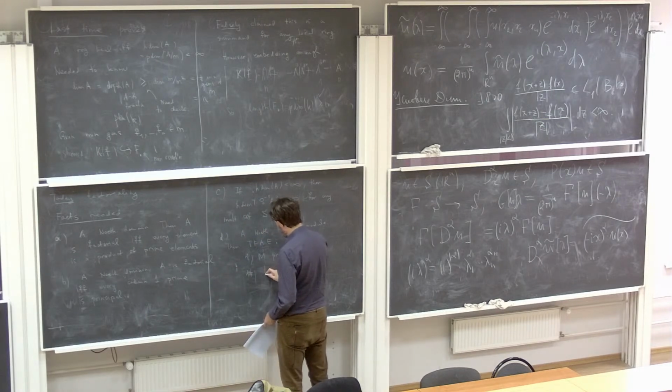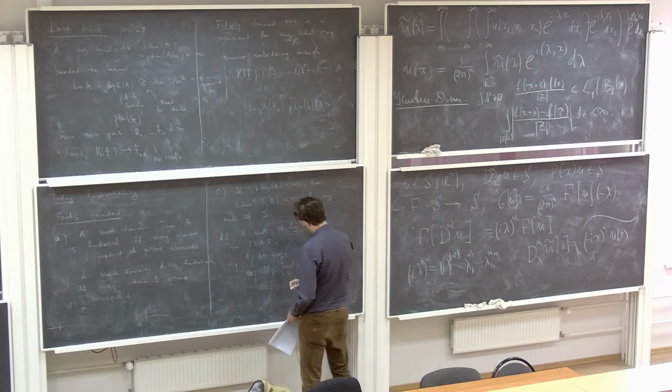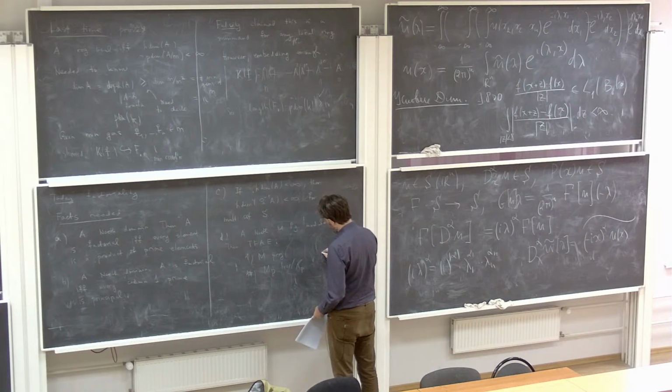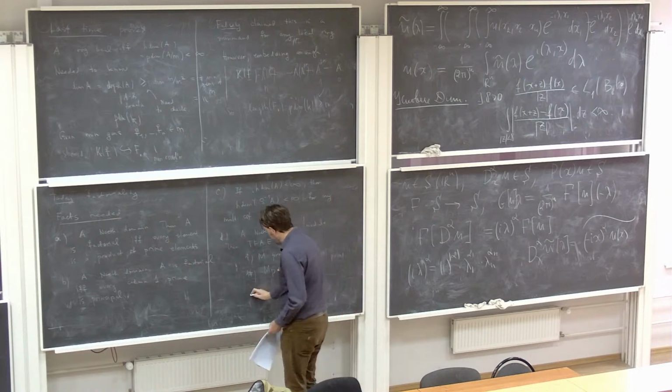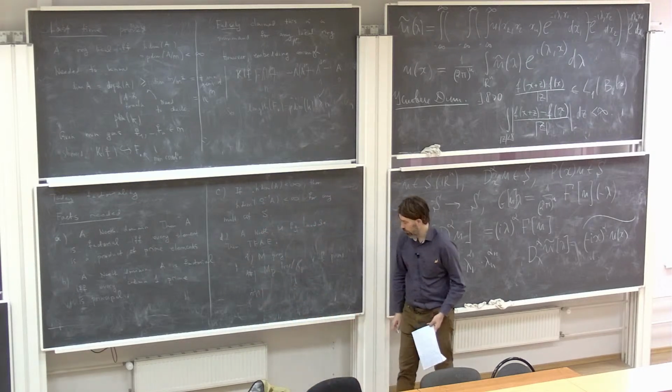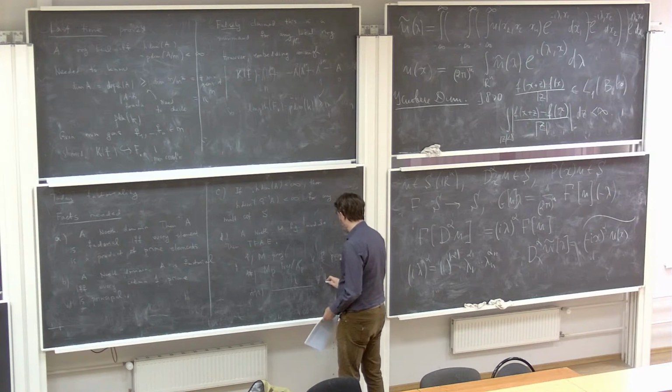I could ask for the localization of M at P to be free over the localization of the ring at P, for all P prime. And in fact, it's enough to do it at maximal ideals. That's sometimes more convenient. It's the same, but for all P maximal.